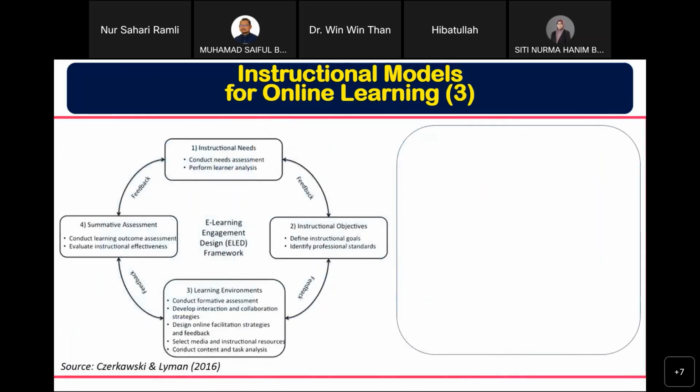And finally, the one that was chosen by us to be adapted into this study was the framework known as the ELED framework.